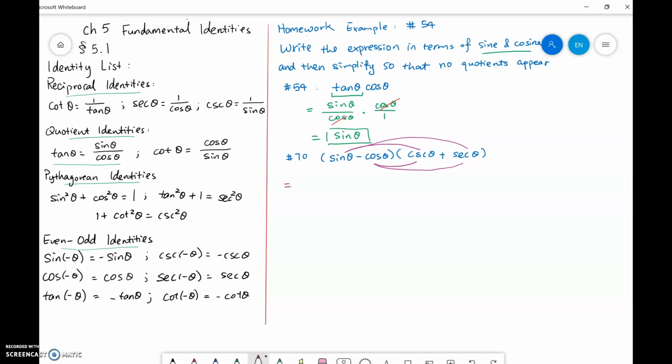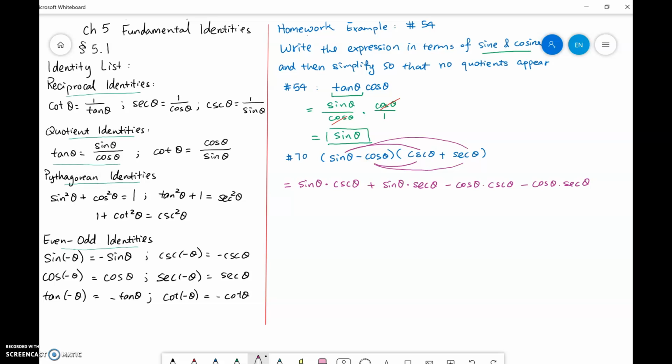So we end up with sine times cosecant plus sine times secant minus cosine times cosecant minus cosine times secant.